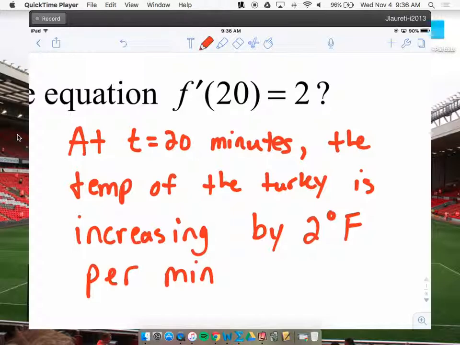So say the temperature of the turkey was like 300, and then after 20 minutes, it maybe starts cooling off. Maybe you took it out of the oven, and that's why the slope goes from increasing to decreasing. You have to hit 0, right?